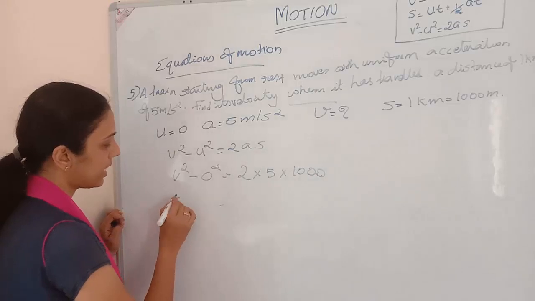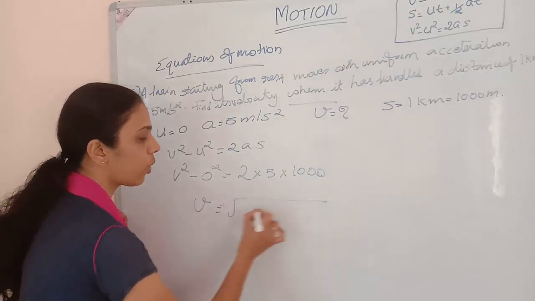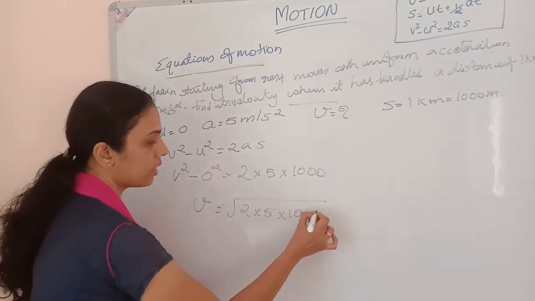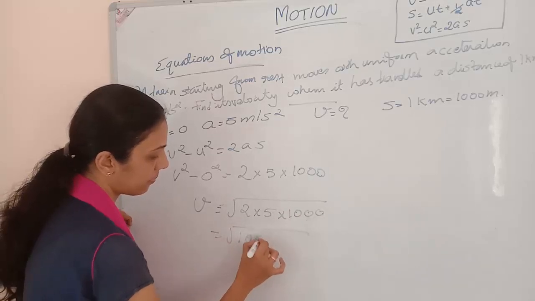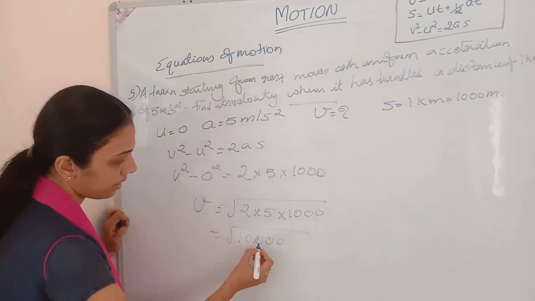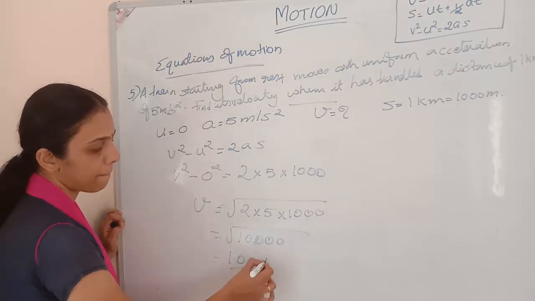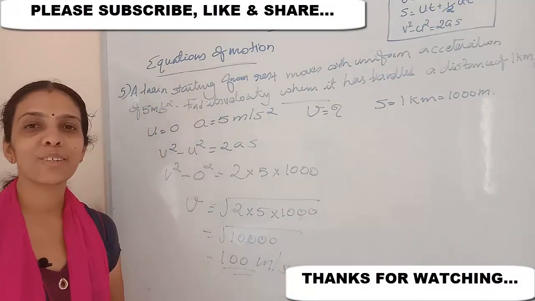So v equals, v only we need to find out, right? So root of 2 into 5 into 1000. 2 5s are 10. So we will get it as 100 meter per second. Okay. So understood all of you?